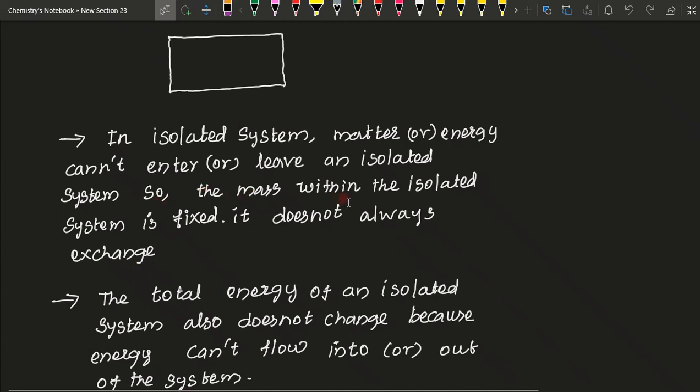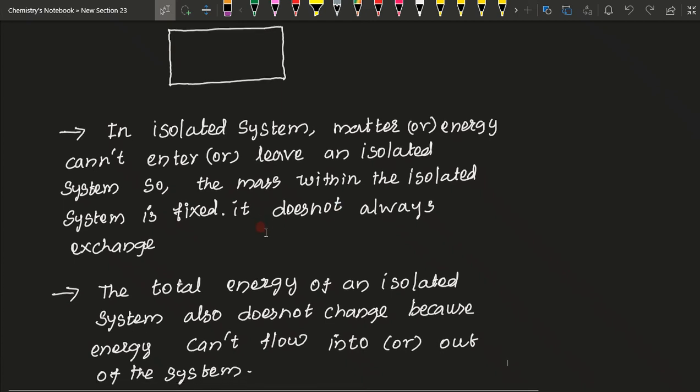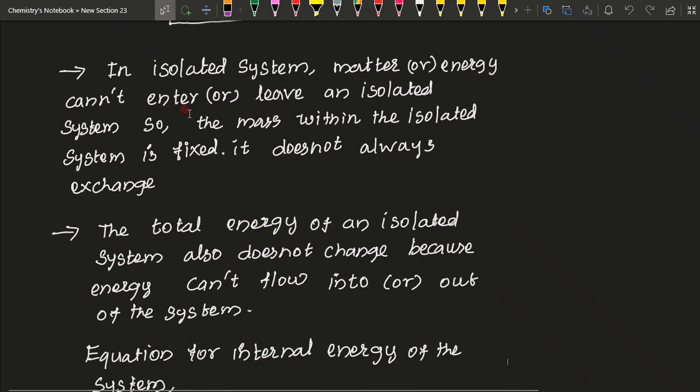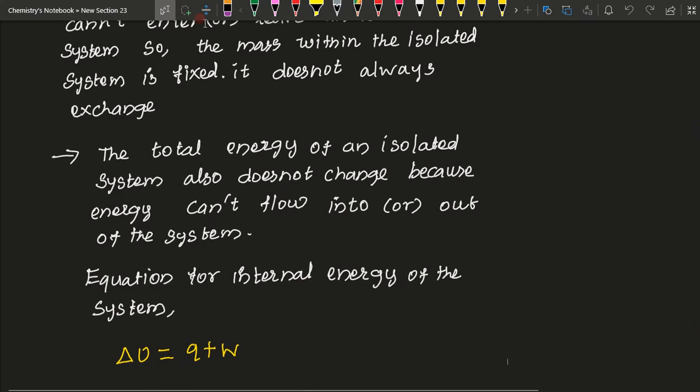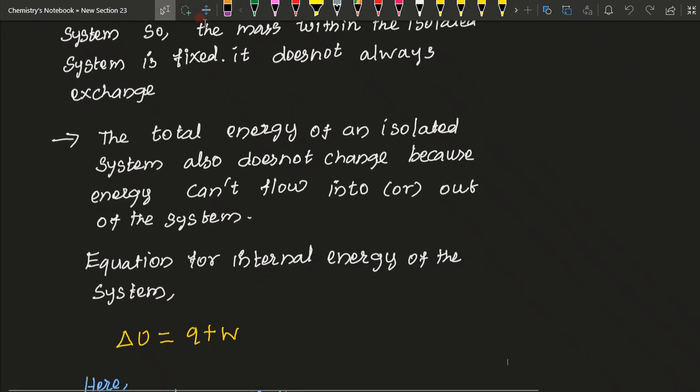So the mass within the isolated system is fixed. It does not exchange matter with the surroundings. The total energy of an isolated system also does not change because energy cannot flow into the system or out of the system.